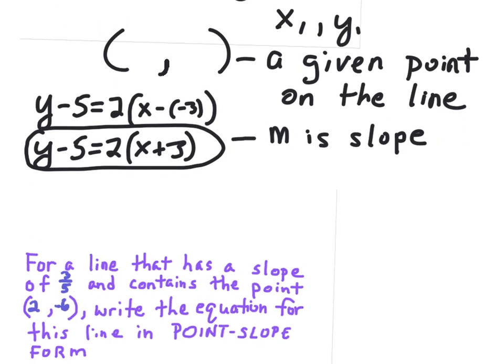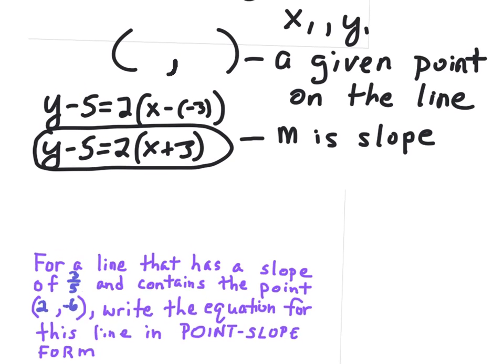So I think what I want to do now is just quickly graph this. So remember what this line said. Everybody sketch a graph real quick. Quiet, please. Now, the point on the line, remember, is the point negative 3, 5, right? So remember, that point is right here.